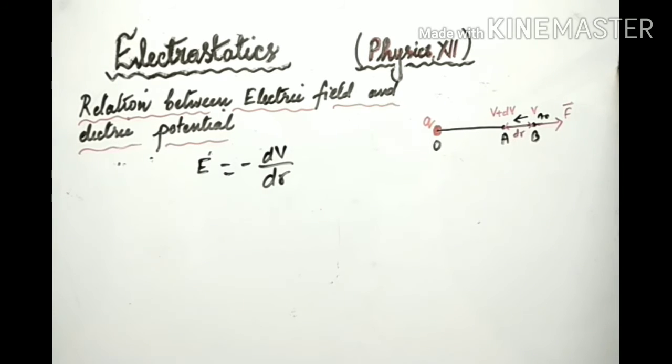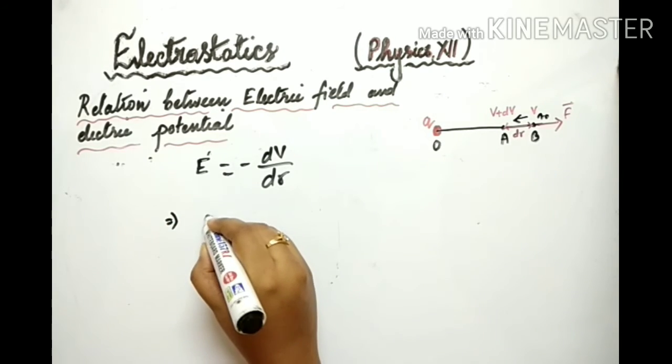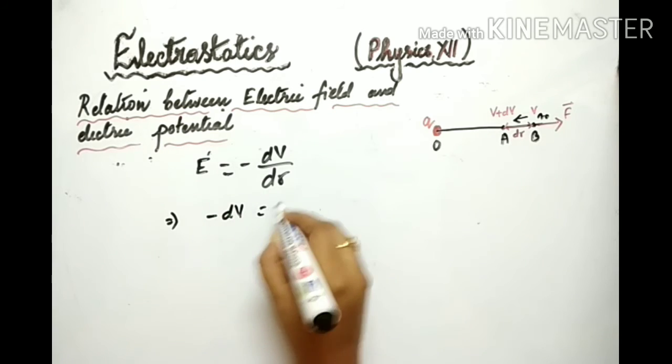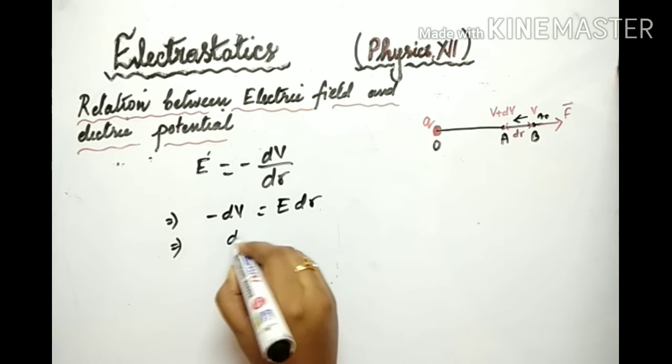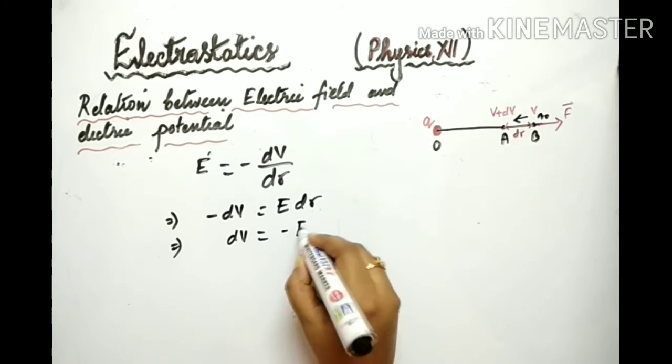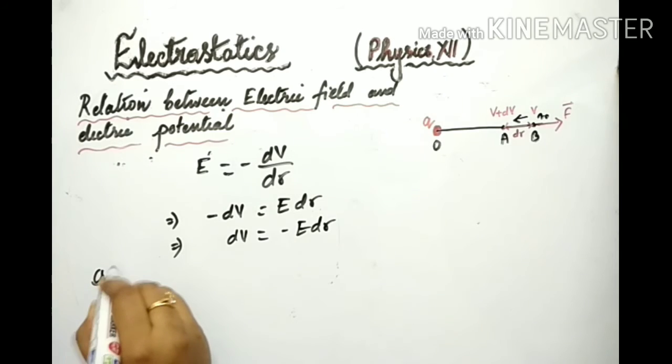Electric field is given. So then you want to find out the potential. Then how can we write? So we can write in this manner, minus dV equals E dr, or we can write dV equals minus E dr.